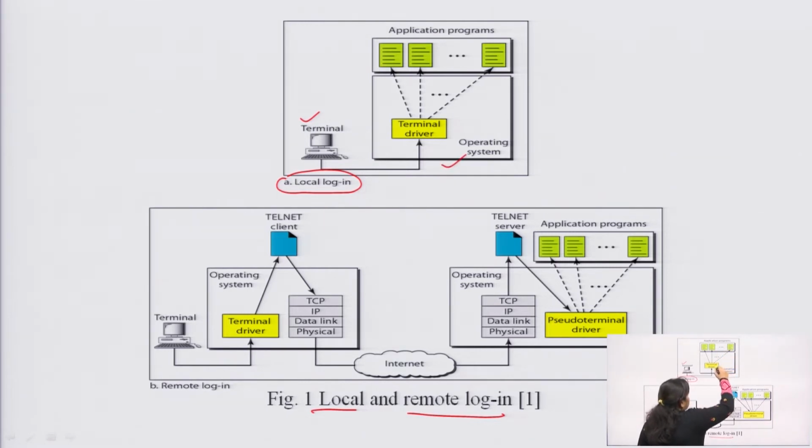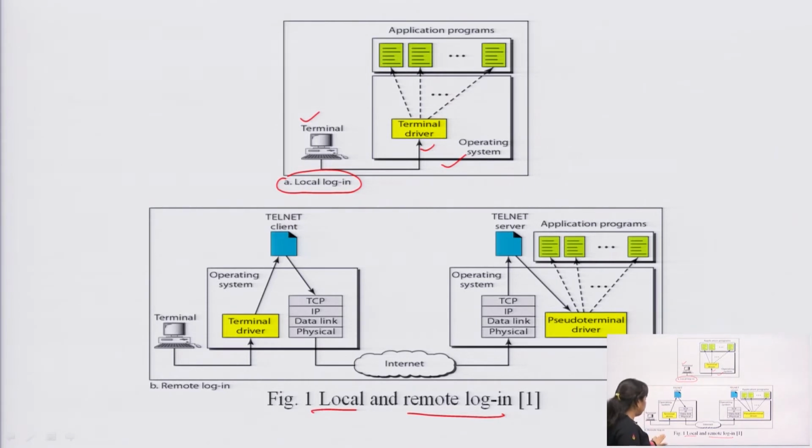The operating system consists of a terminal driver which will access different applications, like a printer or any other device. Different applications are there, like telnet, X.25 service, or DNS, the domain name server. These are the different services or applications which operate at this point, and this operating system wants to access these applications. So, this is the local login procedure.